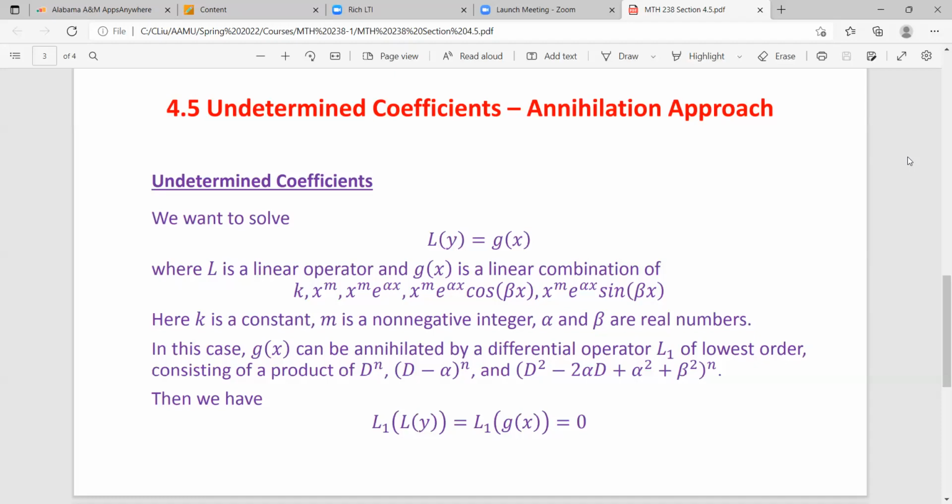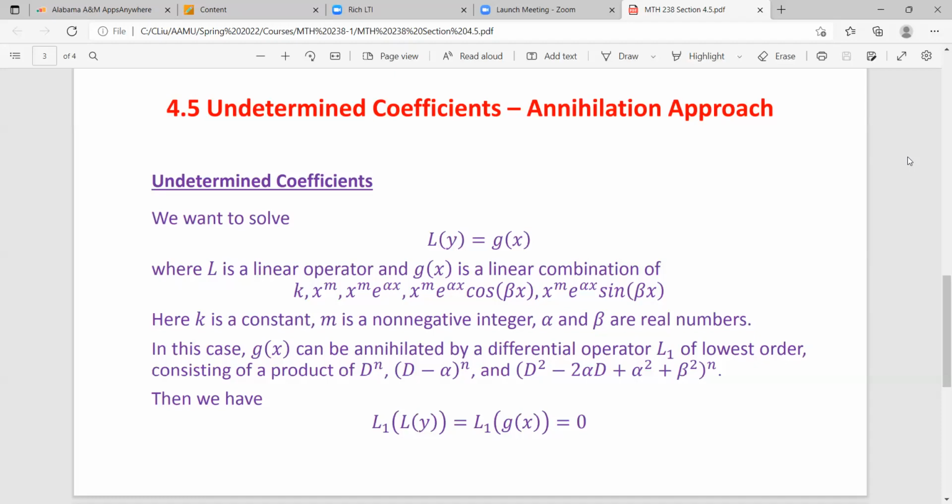So what's the point of doing this? The point is, when you have a non-homogeneous differential equation to solve, you can apply those annihilators on both sides of the equation, so that you annihilate the right-hand side.